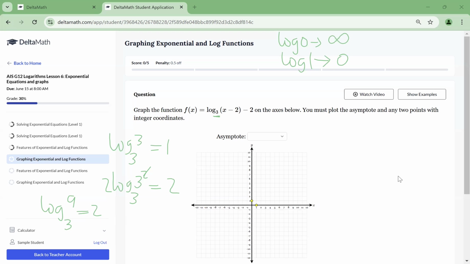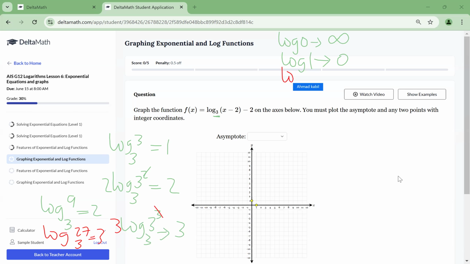Now log base 3 of 3 to the power 3 gives us 3 because we just kick out the power here. And this tells us that log 27 base 3 gives us 3. So the interesting values when we have a base of 3 would be 3 and 9 and 27.